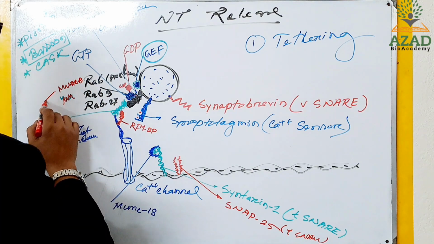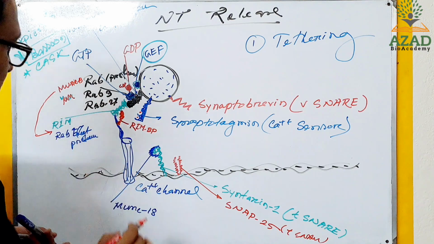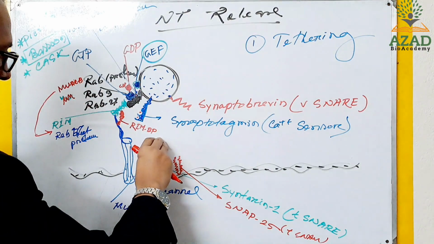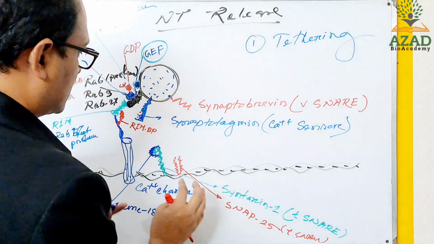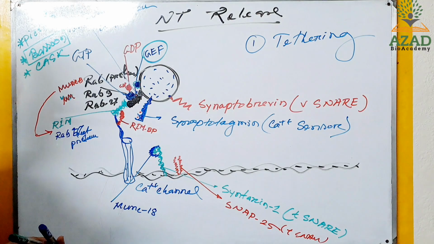It will play an important role in the priming stage here. So Munc18 is attached in the active site of the syntaxin, and this syntaxin is now inactive. Okay, so now what will happen?